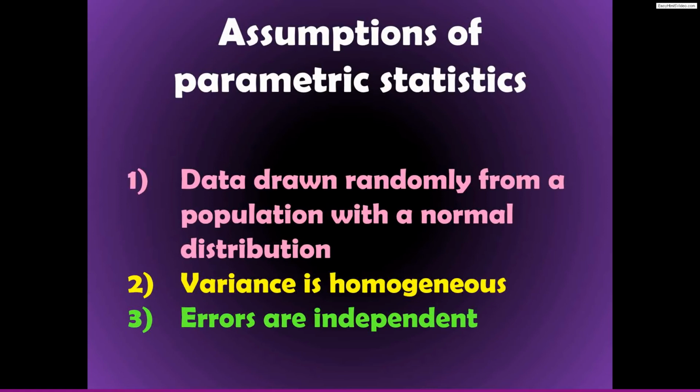But we will see in time frequency analyses in the next few videos that these assumptions of parametric statistics are often violated. Sometimes one or two of them, but very often actually all of these assumptions are violated.